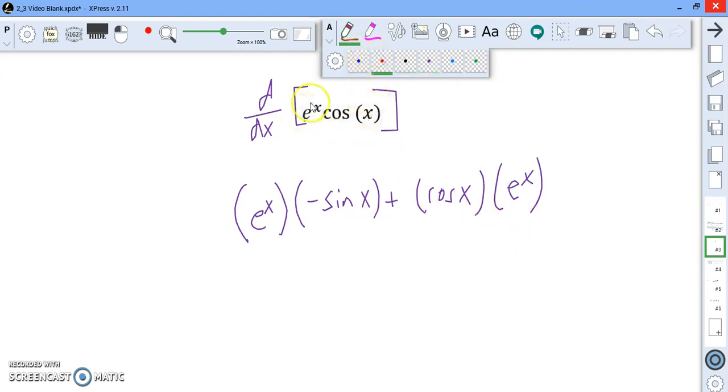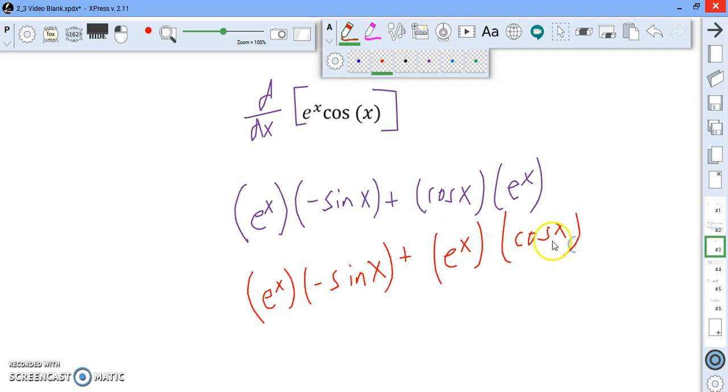And again, sometimes I'll write it in a different order. Sometimes maybe I'll do first times derivative of the second, plus derivative of the first times keep the second the same. It's all the same, whatever.